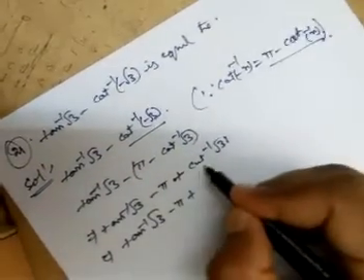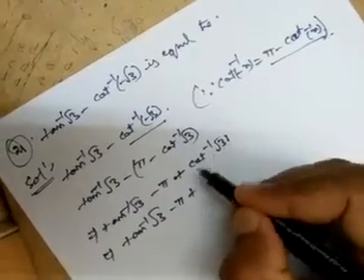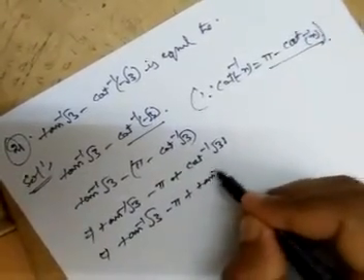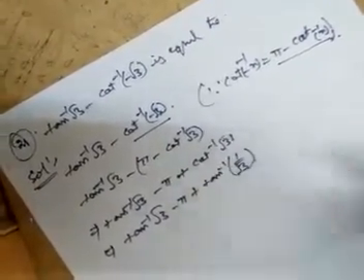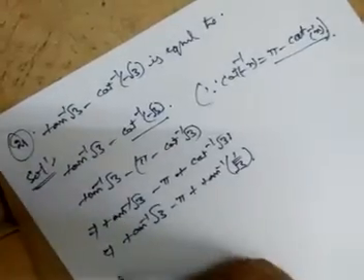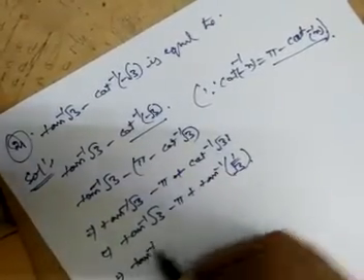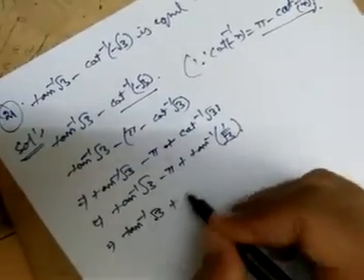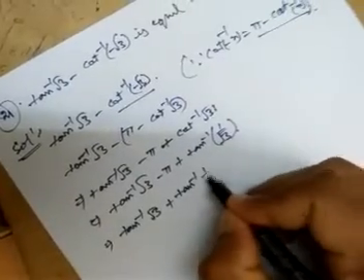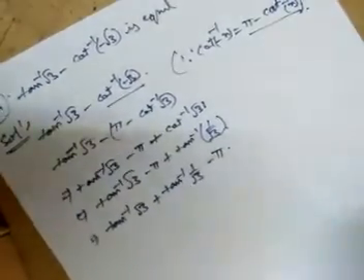Next, tan inverse of root 3 minus pi. So you convert this cot term in terms of tan: tan inverse of 1 by root 3, the reciprocal value. Now tan inverse of root 3 plus tan inverse of 1 by root 3 minus pi.